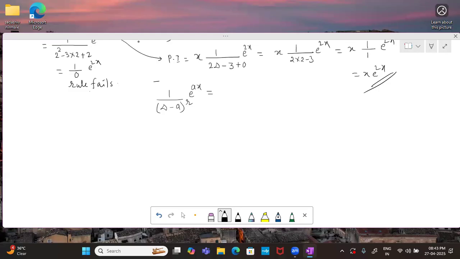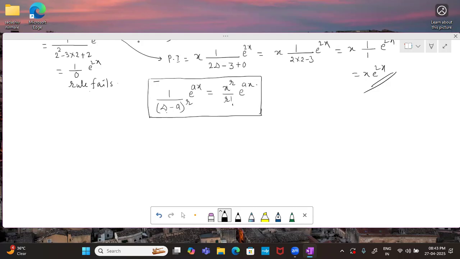Sometimes we have to apply this formula to find the PI. So the answer will be x raised to r upon r factorial into e raised to x. Sometimes we use this rule to find the PI in failure case. Very simple rule. Remember that if we apply the rule, we have to put D is equal to a.